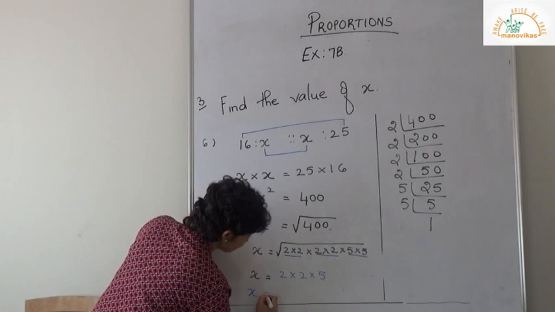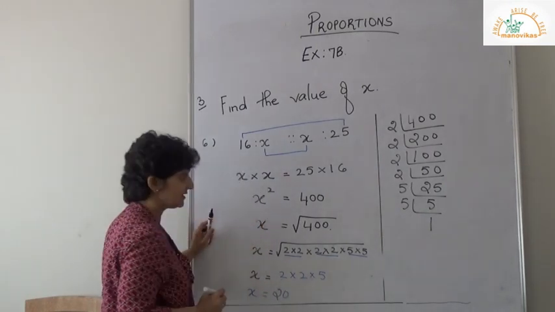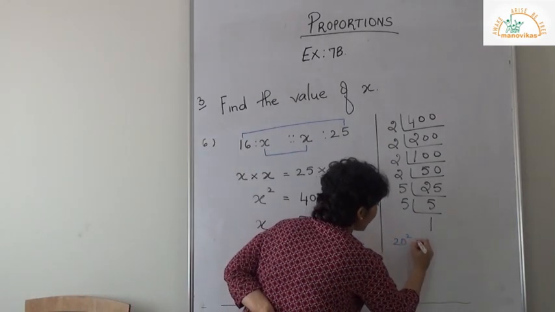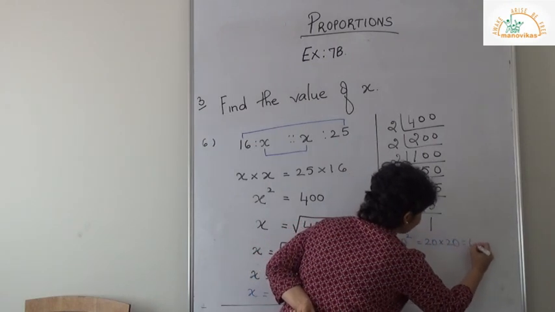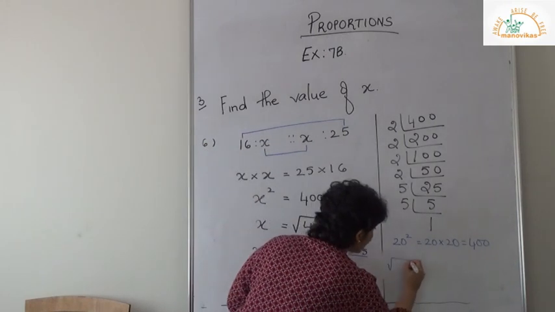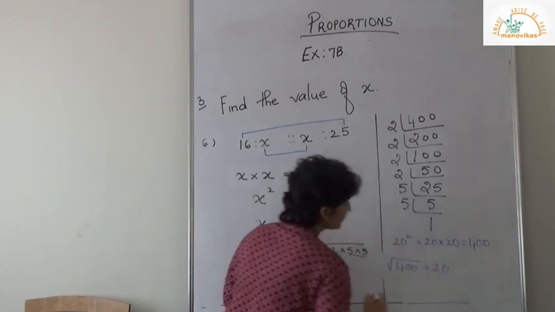So, x is equal to 2 2s are 4, 4 5s are 20. Remember, 20 square is 20 into 20, that is 400. So when I find out the square root of 400, it is equal to 20.